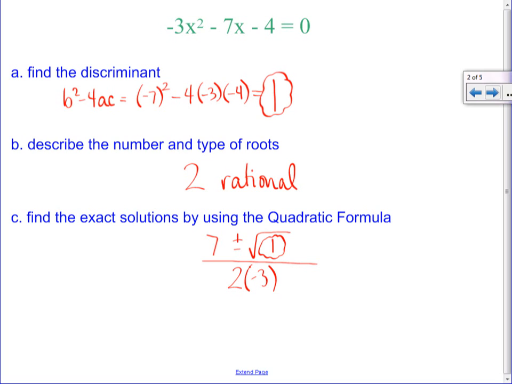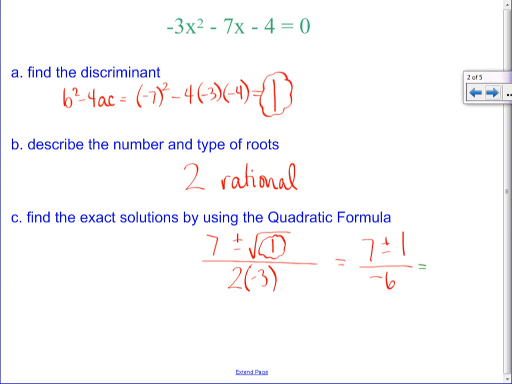Okay, so let's find those 2 rational roots. If we're looking here, we can simplify this to be 2 plus or minus 1 over negative 6. Now there's 2 answers here. We want to find both of them. One of the answers we're going to add the numerator, and the other one we're going to subtract the numerator.